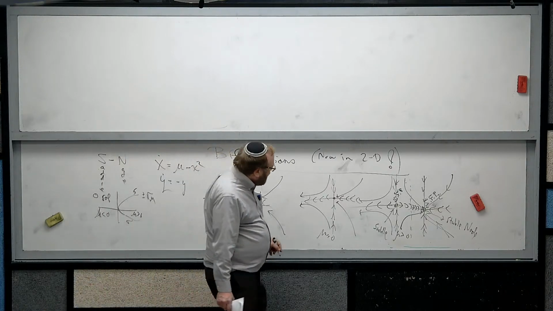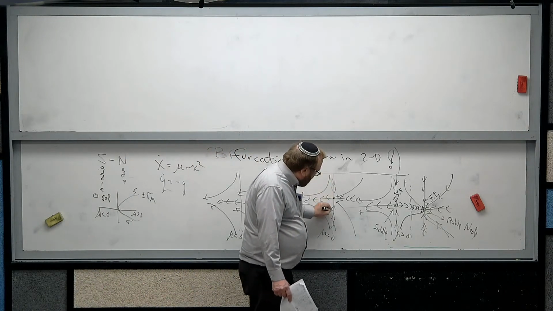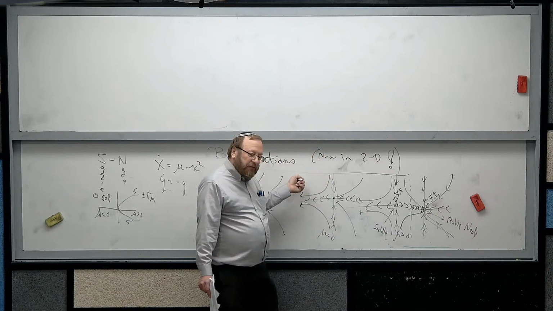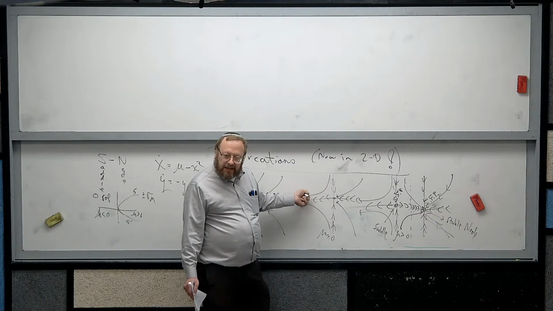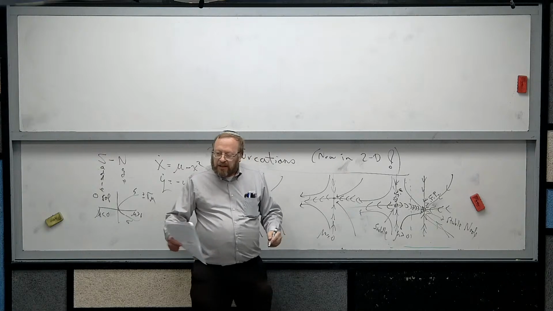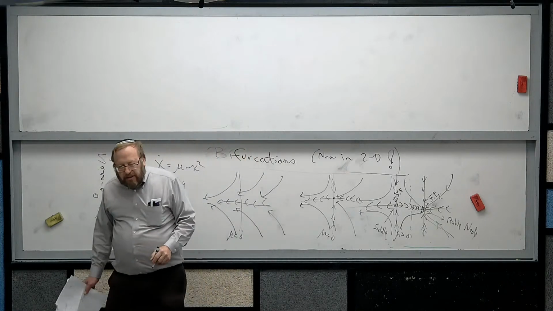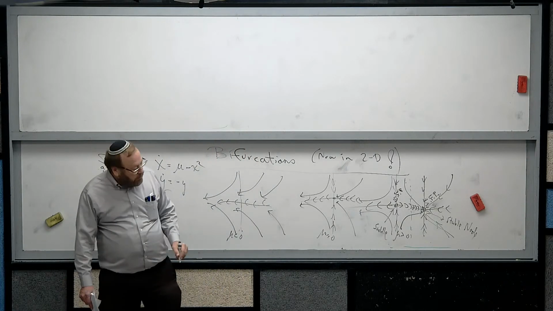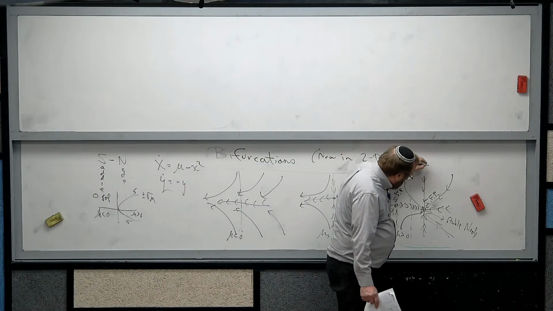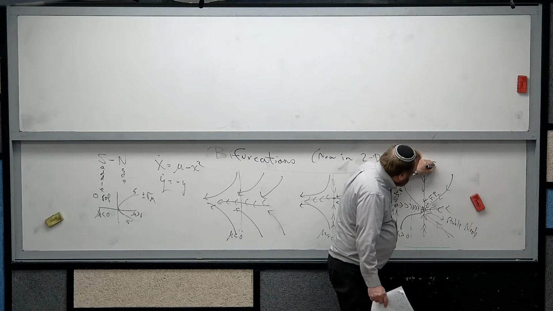And now this line, the y-axis, is a separatrix, right? Because anything that starts to the left of the y-axis goes off to minus infinity. Anything to the right of the y-axis goes to the stable fixed point, goes to the origin. Here, this was also a separatrix.